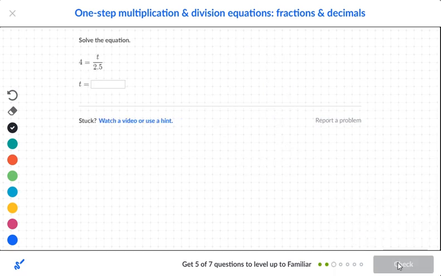Okay, next one. We got 4. We're going to say 4 over 1 is equal to letter T over 2.5. So 1 times T is T, and then we want to go 4 times 2.5.